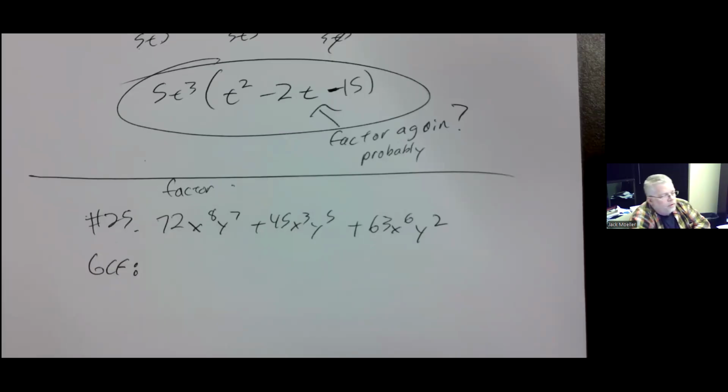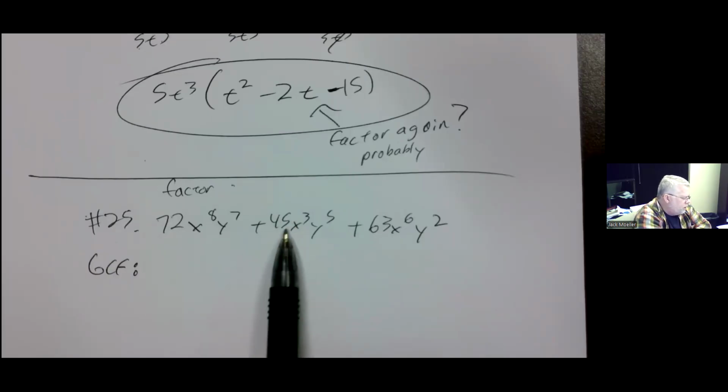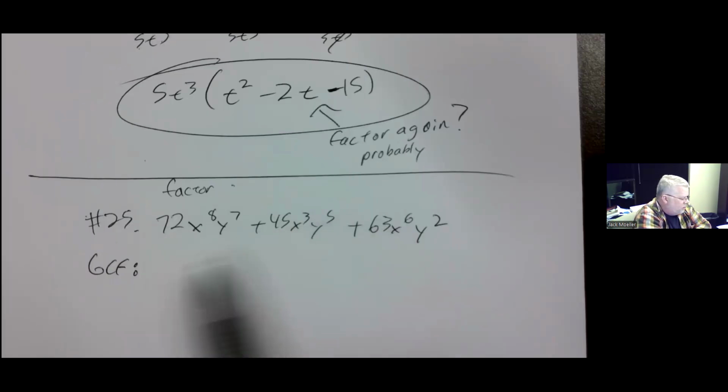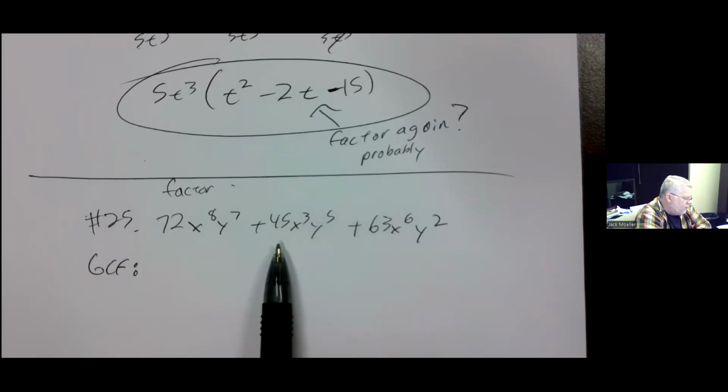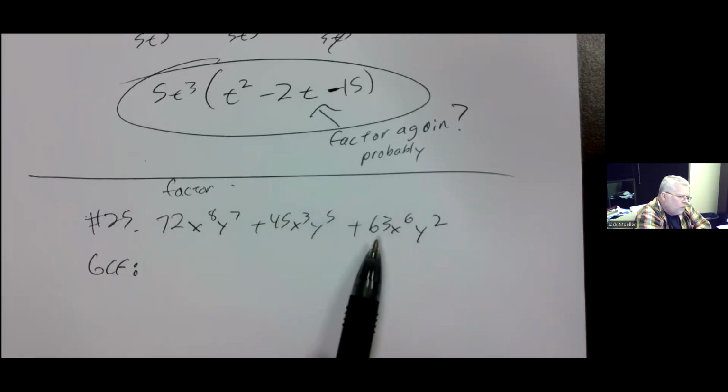All right, number wise, what is the GCF? Well, starting with the smallest one really doesn't help. It's 45. They're all kind of big, so we have to start breaking it down. I think 45 and 63 are a little bit more unique.